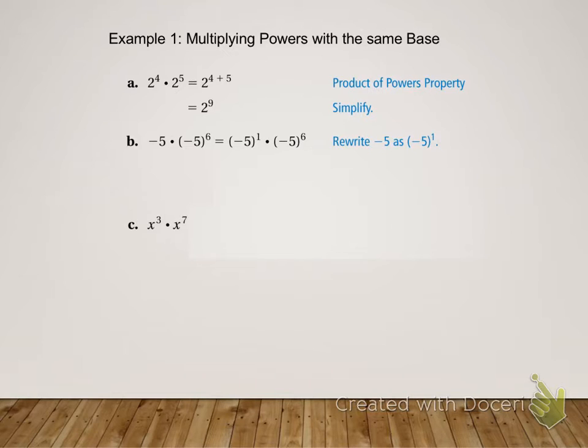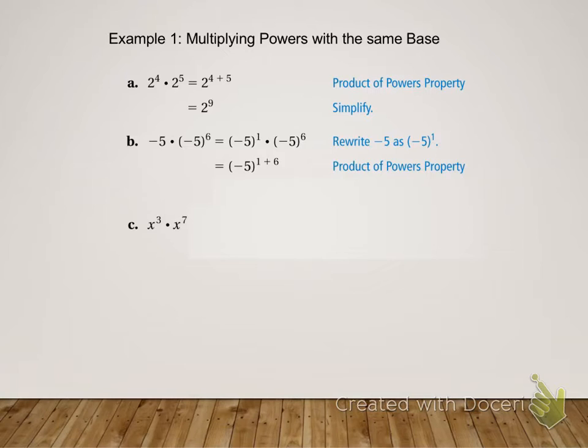Here, we're going to rewrite the negative 5 to the first power. Whenever you have a number that doesn't have an exponent, that means that it's being raised to the first power. That way we don't accidentally forget to add in that extra 1. We rewrite that. And now we keep our base the same, that negative 5 with the parentheses still around it.